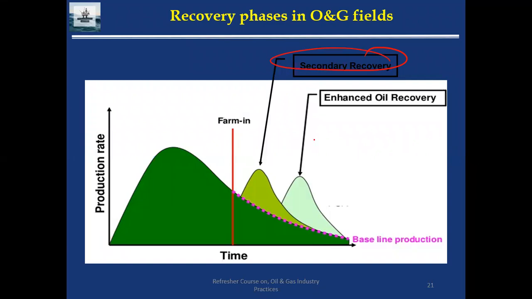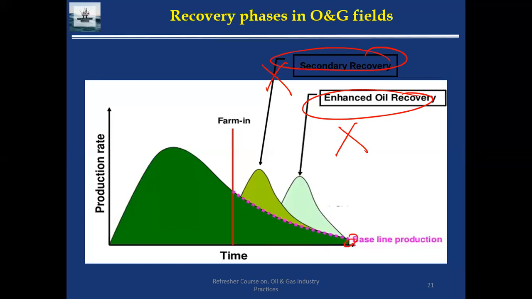Similarly, when we have enhanced recovery, the same thing happens. Or else, if we have not employed secondary recovery or enhanced recovery, then we will be forced to terminate the production here itself.